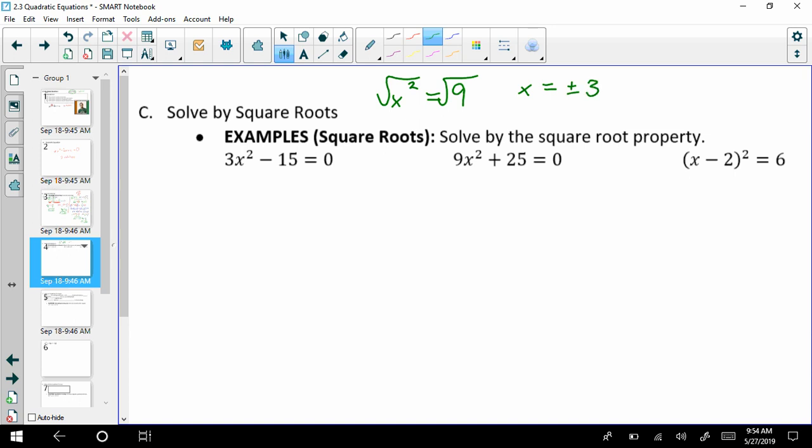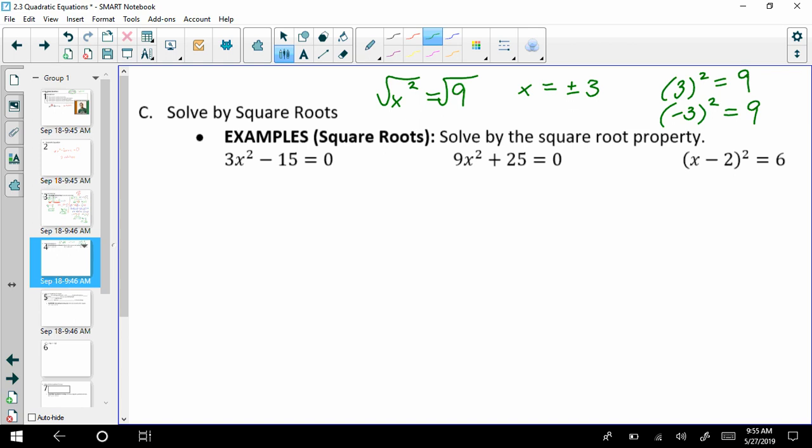The square root of 9 is 3 and -3, and the reason why, if I were to plug those back into my equation, 3 squared is 9, and hopefully you agree if I did -3 squared, that is also still 9.